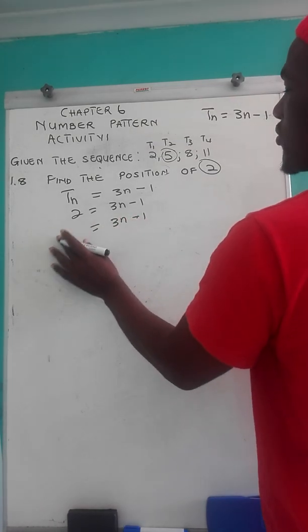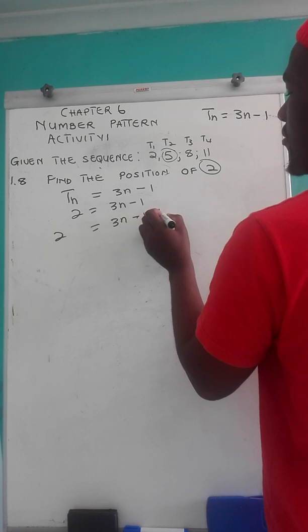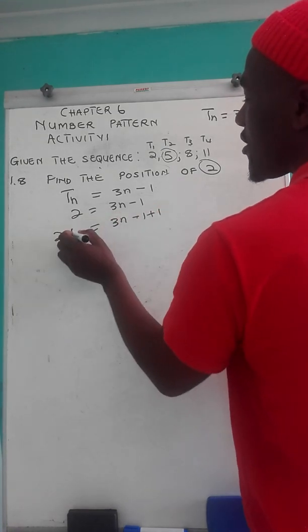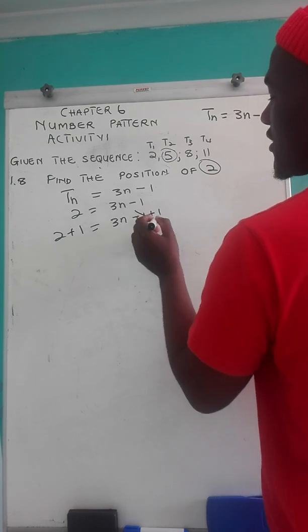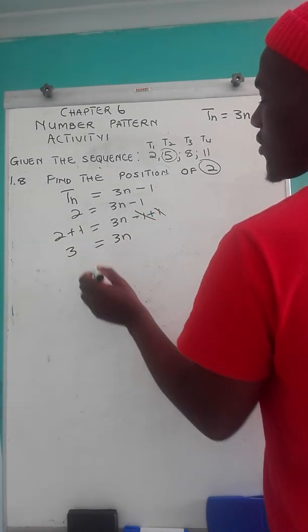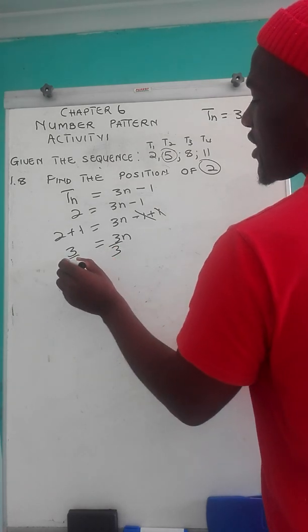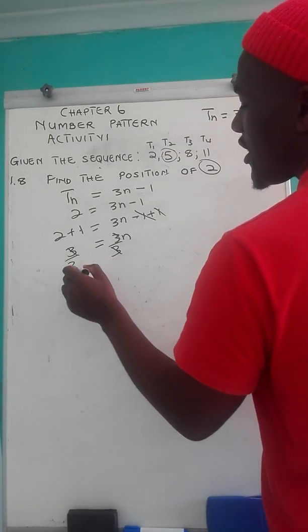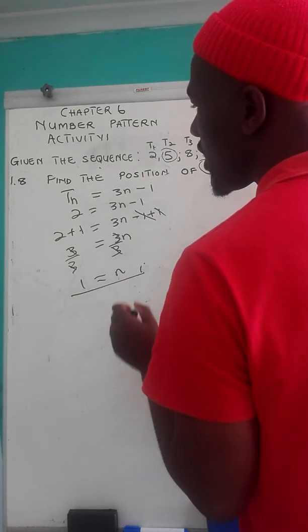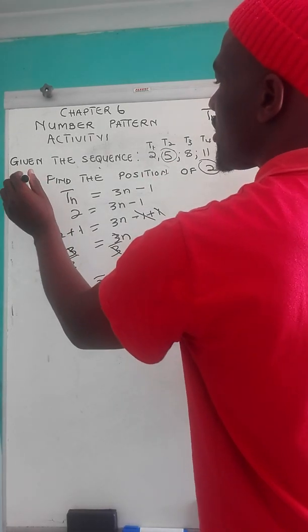I don't need this minus 1 here. I must add plus 1. Additive inverse. What you do on the right hand side, you also do on the left hand side. This is 3n. This is 3. 2 plus 1 is 3. Can I divide by 3 both sides? Yes. So n is equal to 1, and I was expecting to get 1. So it's position 1. That is 1.10.